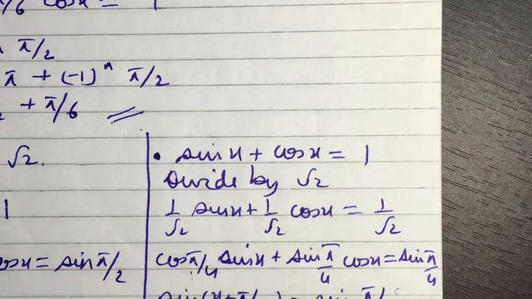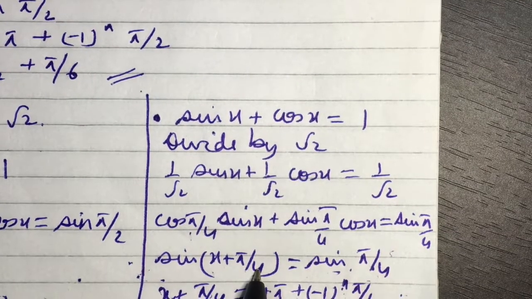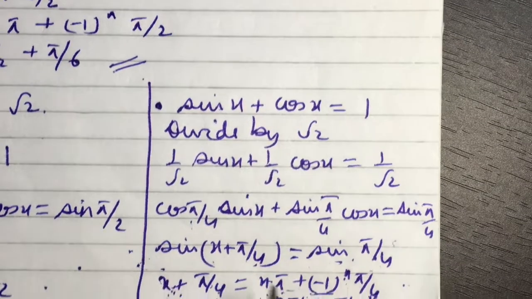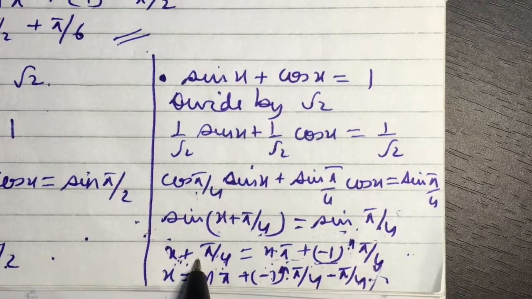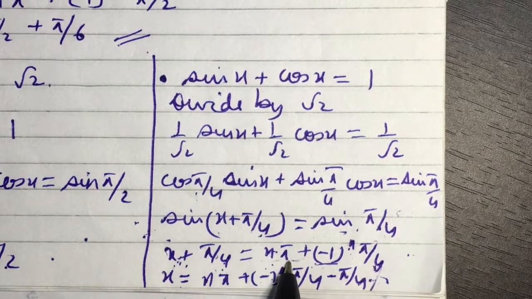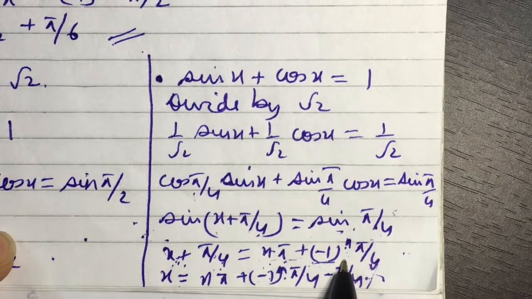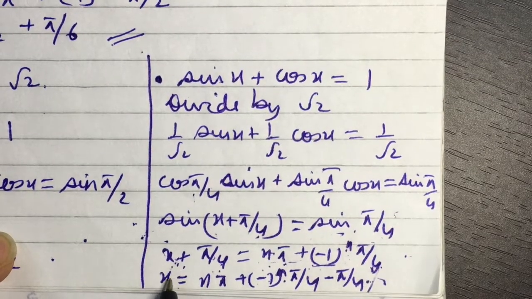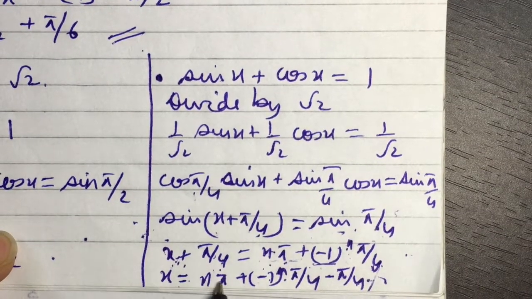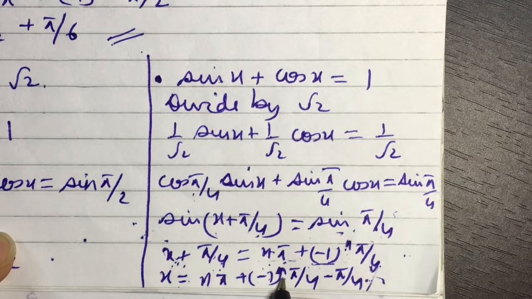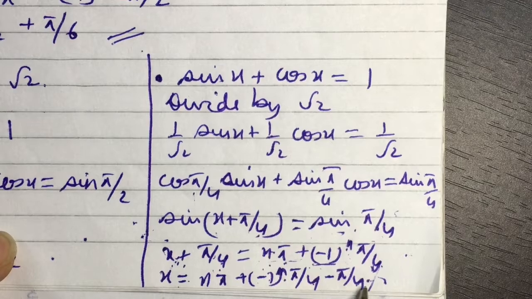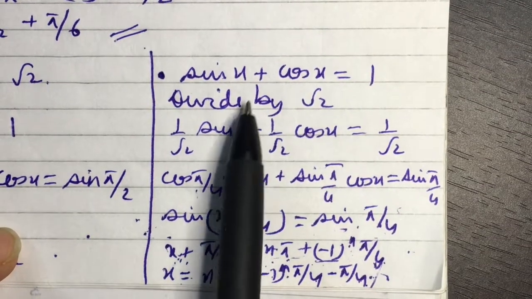This becomes sine of x plus pi by 4 equal to sine pi by 4. Now using the result, we get x plus pi by 4 equal to n pi plus minus 1 raised to n into pi by 4. Solving, we get x is equal to n pi plus minus 1 raised to n pi by 4, and this pi by 4 comes this side, it becomes minus pi by 4. This is the general solution for this question.